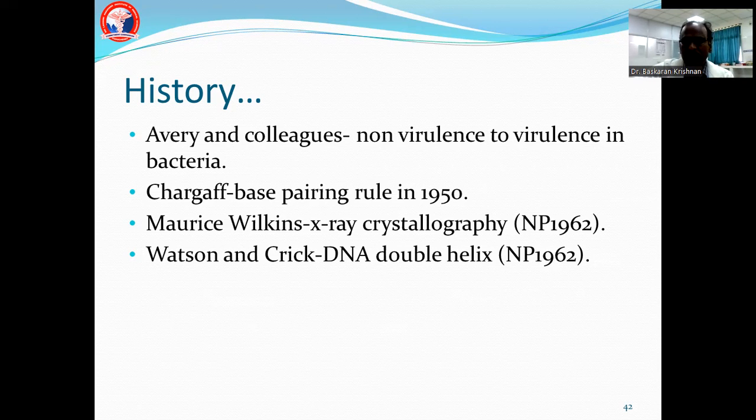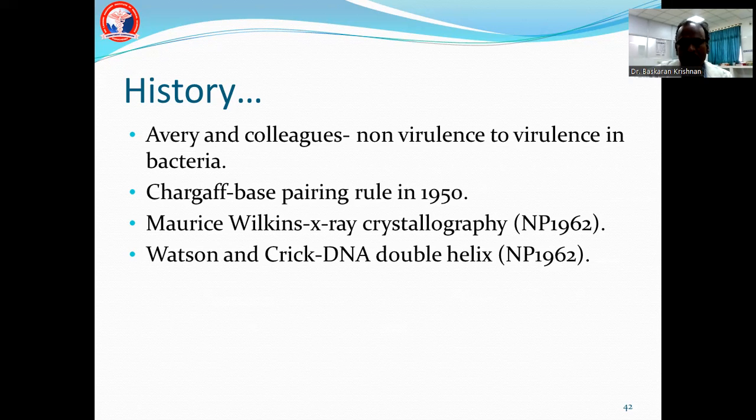All three, actually, Rosalind didn't receive the Nobel Prize because she died before receiving it. So these three people shared the Nobel Prize almost 10 years later. The structure was found in 1953, and they received the Nobel Prize in 1962.